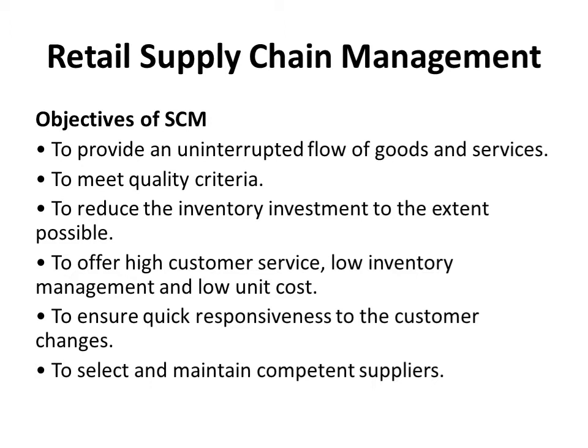When a product is said to be ready, it has to be passed through different stages, right? It has to be manufactured. In order to manufacture a product, in order to get a finished product, we have to use raw materials, right?